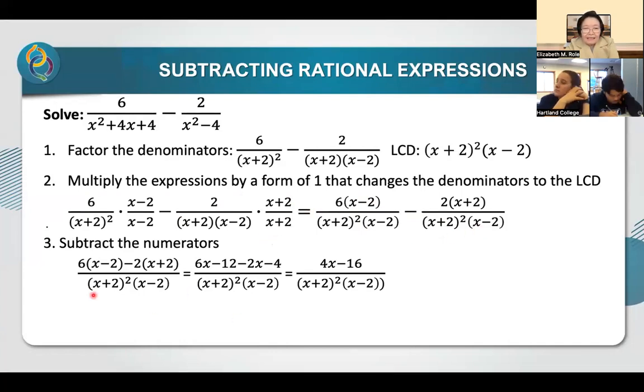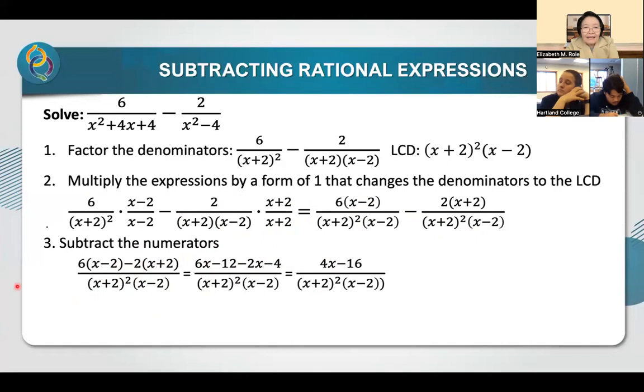And proceed with putting them together. So 6 times x minus 2 minus 2 times x plus 2: 6x minus 12 minus 2x minus 4. With a common denominator, combining them, 6x minus 2x is 4x, minus 12 minus 4 is minus 16.